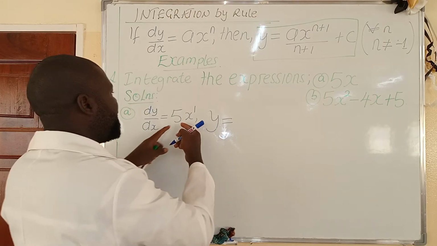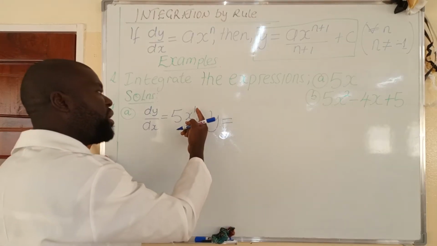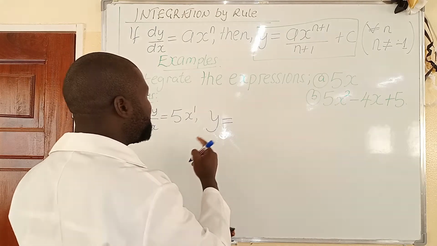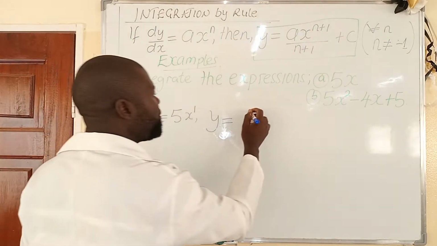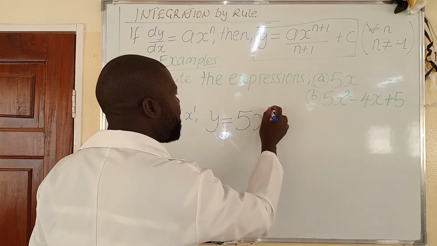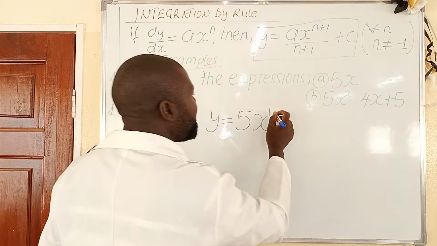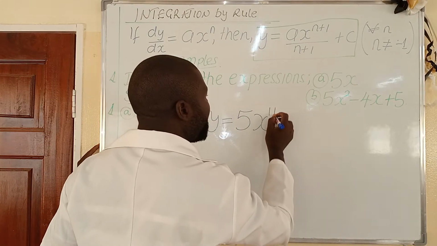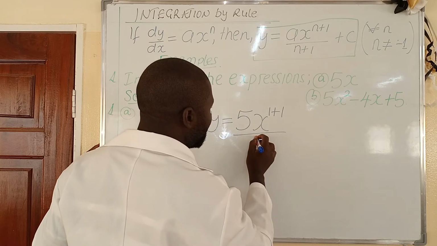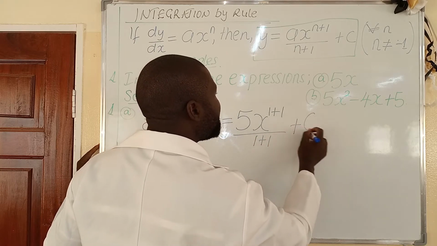According to the rule, we add 1 to the power, then we divide by the new power. So our y is equal to 5x power 1, this power 1 which is already there. We add a 1, divide everything by the new power, then we say plus c.